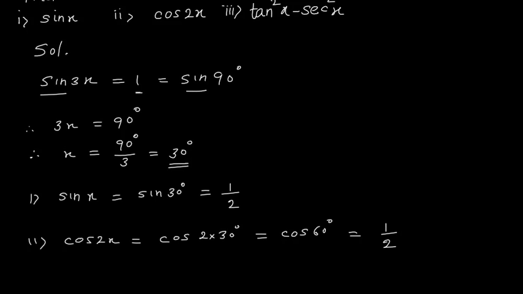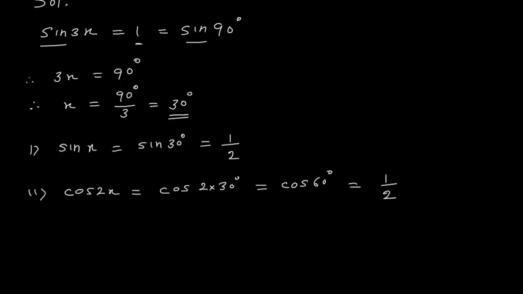And third, we have to find tan square x minus sec square x. So this is tan square 30 degrees minus sec square 30 degrees.